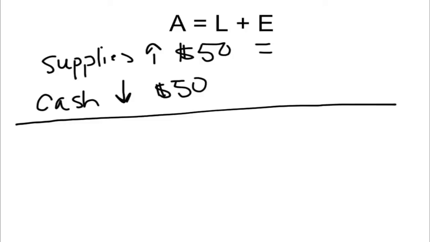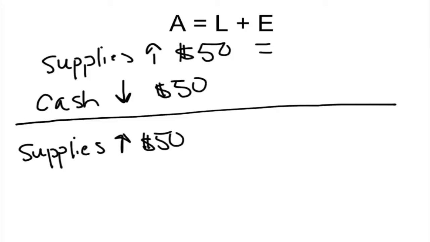But in this circumstance, again, I've purchased supplies on account. So again, we've got that supplies account, which is an asset. It's going up, it's increasing by $50. But now we've purchased them on account. Again, we said that sounds like a liability account. So now we have that accounts payable. Is it going up or is it going down?